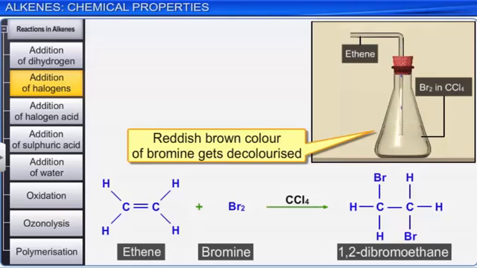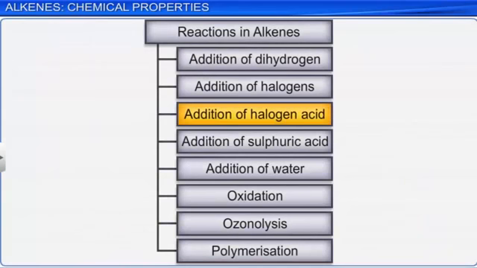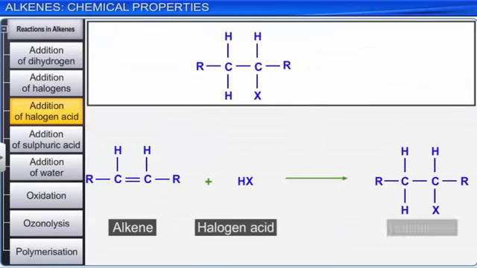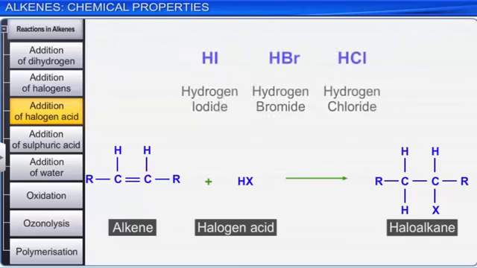Let us now look at the addition of halogen acid. Alkenes react with halogen acids to form haloalkanes. In the reaction with alkenes, hydrogen iodide is more reactive than hydrogen bromide, which is more reactive than hydrogen chloride.